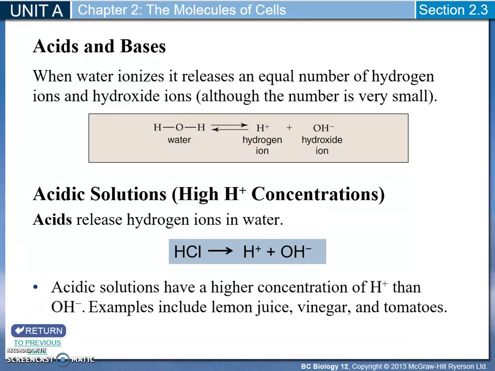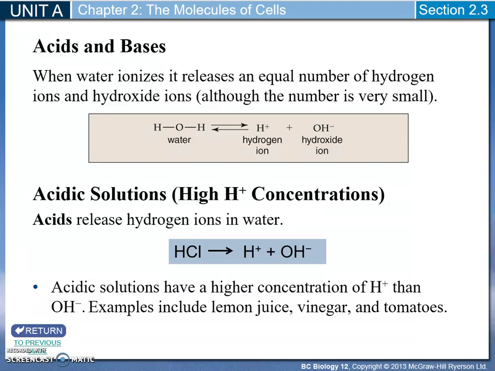Then we'll look at acids and bases. When water ionizes, it releases an equal number of hydrogen ions and hydroxide ions. The number is very small, however. When you have a surplus of H plus ions in solution, that means it's an acid.